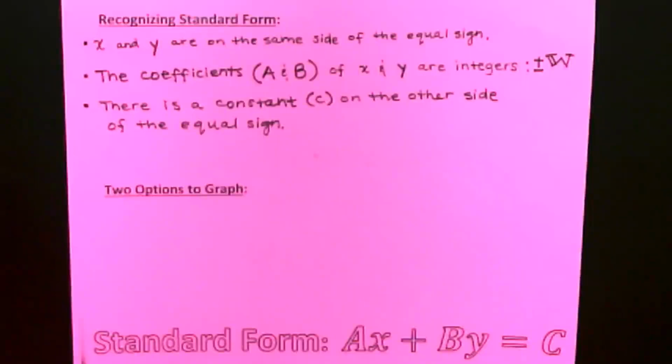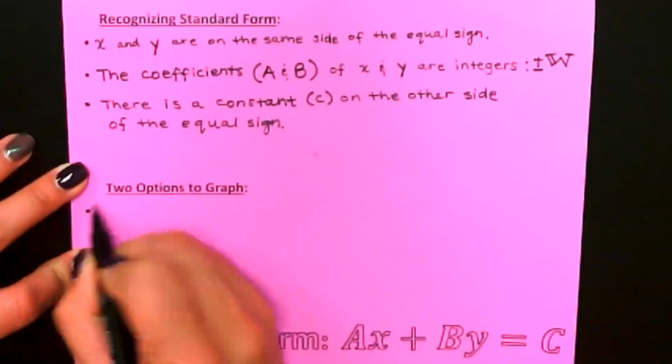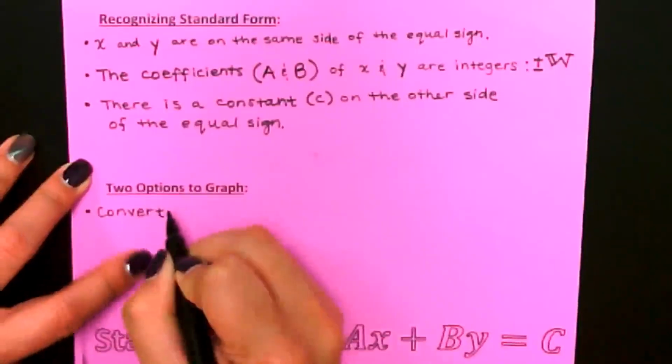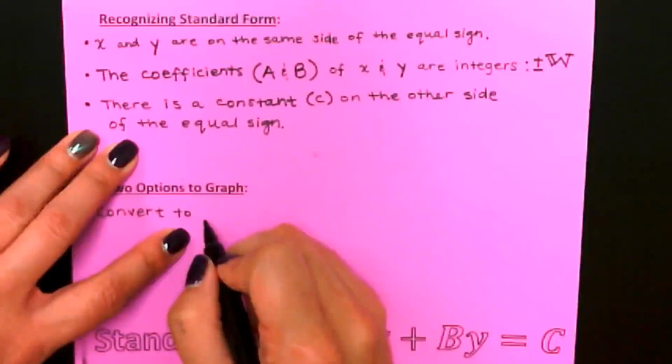All right, so we're going to talk about graphing this. Now, this is going to be the one that you're going to use the most. You have seen it your freshman year, or sorry, back in Algebra 1, and you're going to see it again. This is going to be the main one. So first option to graphing this standard form is to convert. We're going to convert to slope-intercept form.